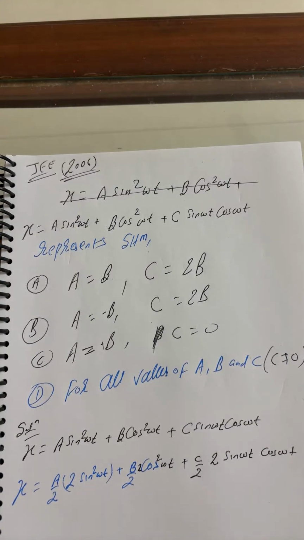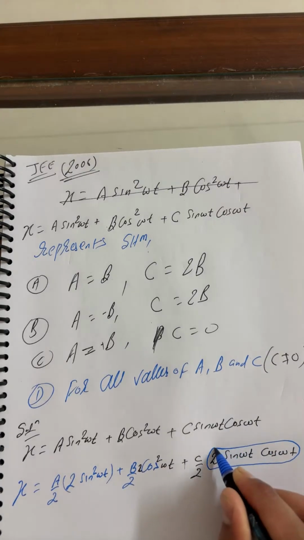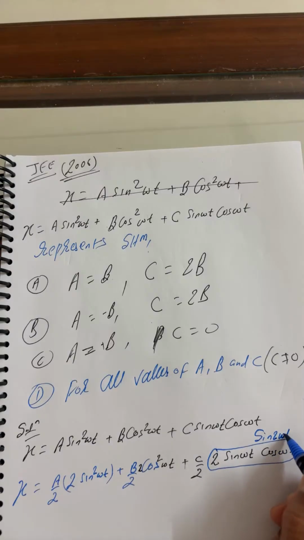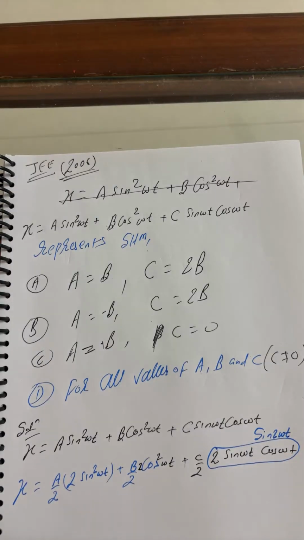This is the simplest form. You can simply write 2 sin theta cos theta as sine 2 theta, so you can write sine 2 omega t.